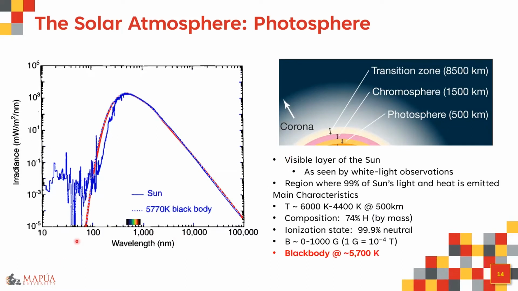So this red line is the estimated black body radiation for a temperature of around 5,700 Kelvin. Okay, this region is where you can find the visible spectrum.